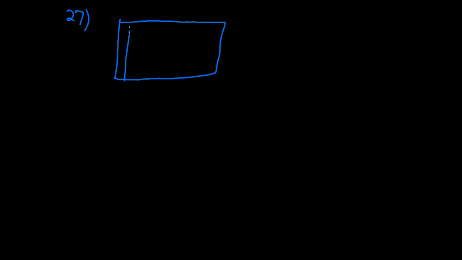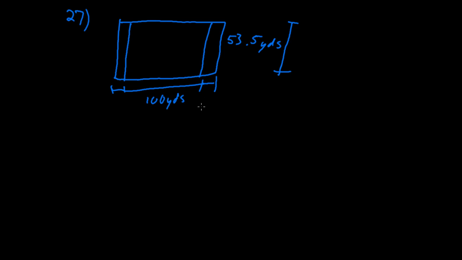and it shows the end zones of the football field, and it says it's 53.5 yards across. So from the top here to the bottom here, it's 53.5, and from one end zone to the other, it's 100 yards, and from the end of the end zone to the beginning of the end zone is 10 yards for each one.